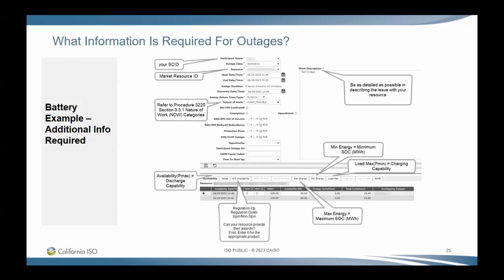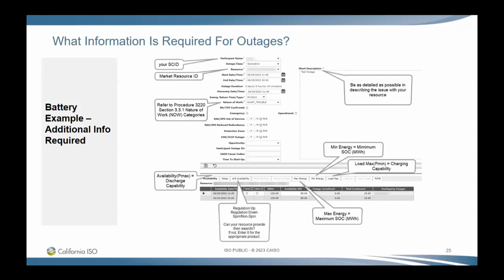So just like the other one, all the way down to nature of work, that is all the same. You need to have that kind of information put in there, again, as much detail as possible. And then again, for your availability PMAX, that's your discharge capability, regulation up and down, non-spin, spin for your AS availability, same thing. If you can't provide for your award, enter a 0 for the appropriate product.